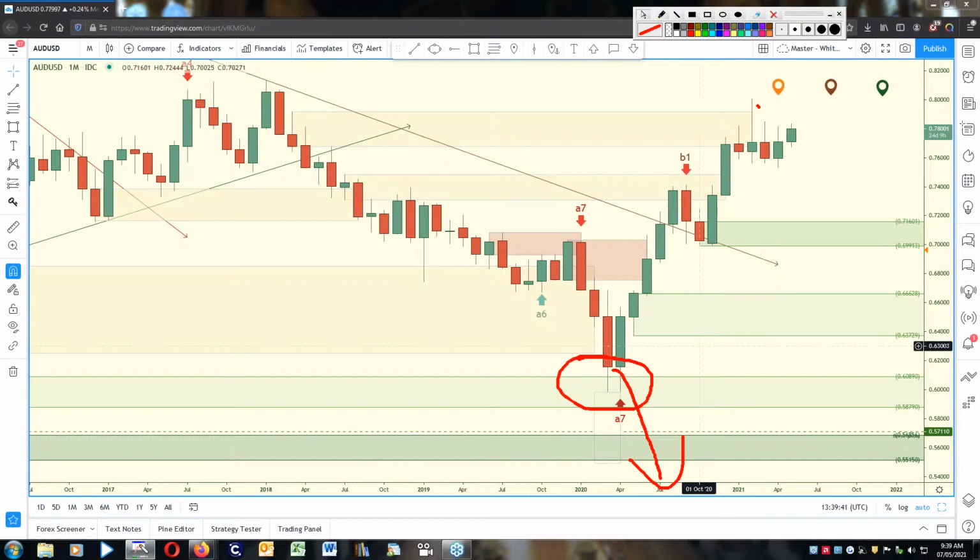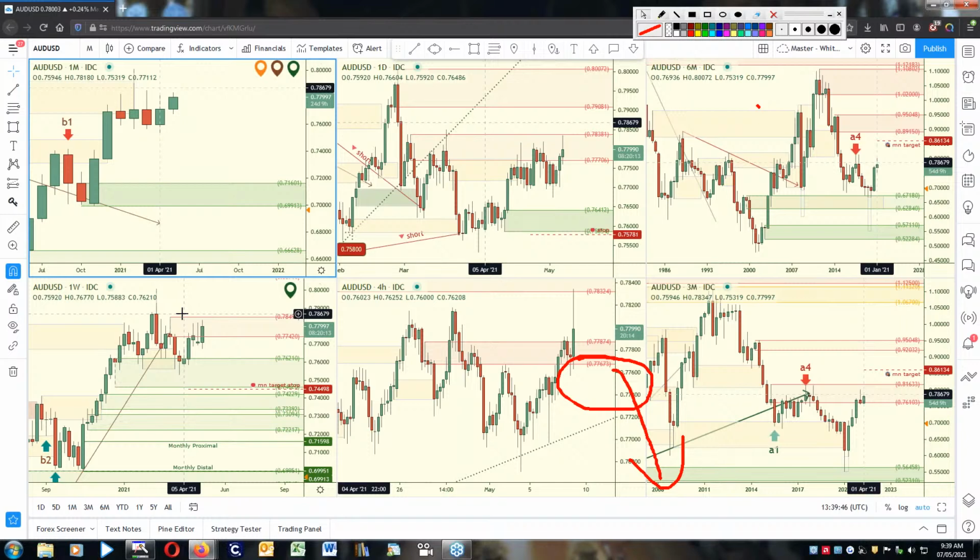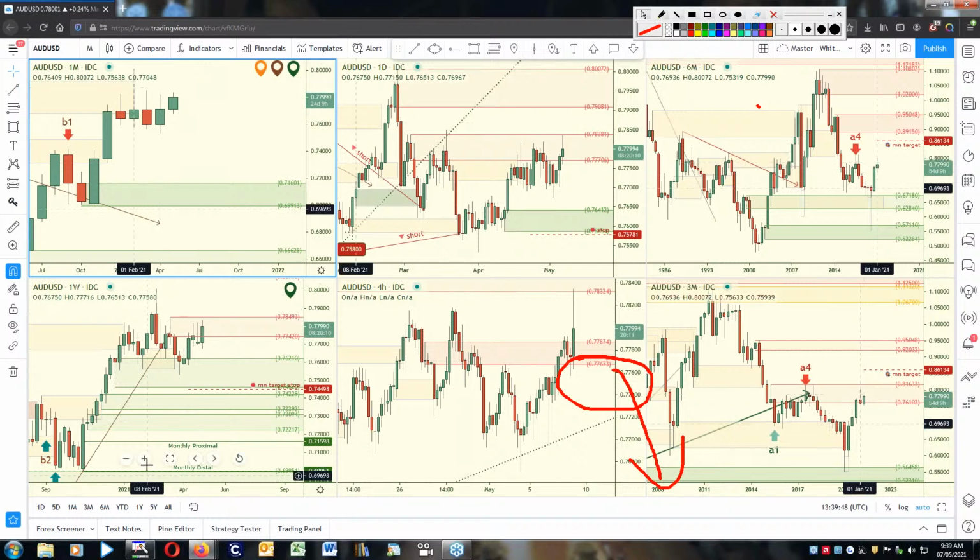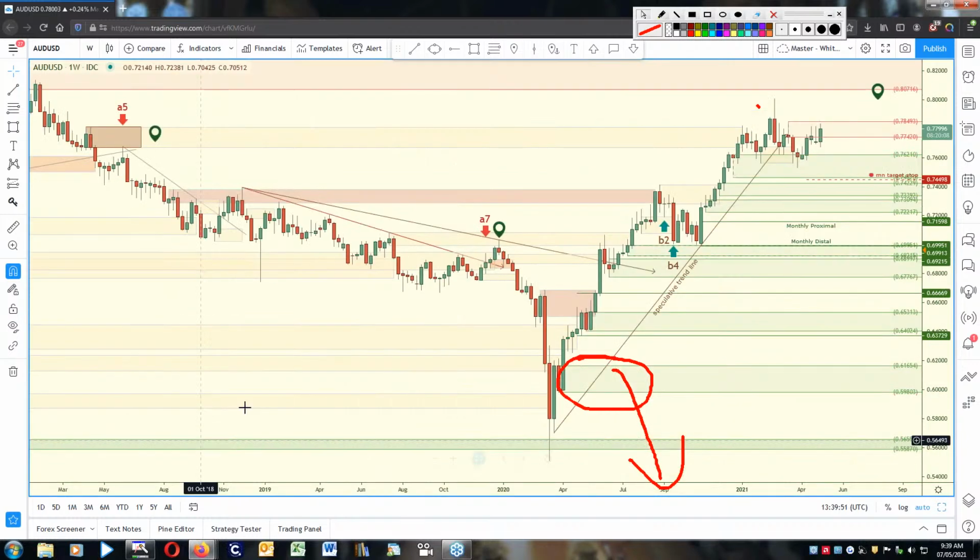So let's do a little bit of an experiment. When price hit these bottoms, what was it? March 16, 2020. Let's do something for fun.